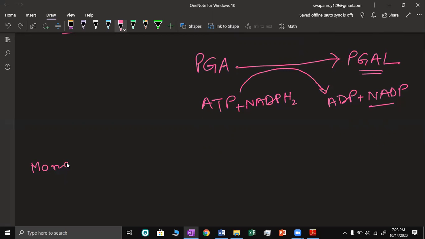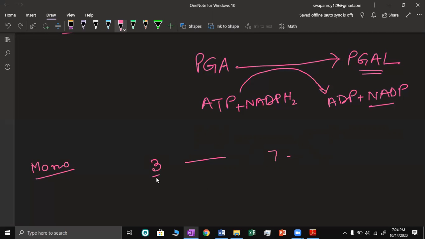These monosaccharides are further divided into different types based on how many carbon atoms are there. This starts with 3 and goes up to 7.